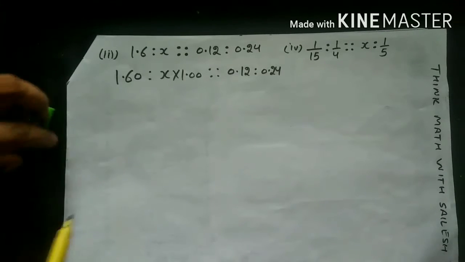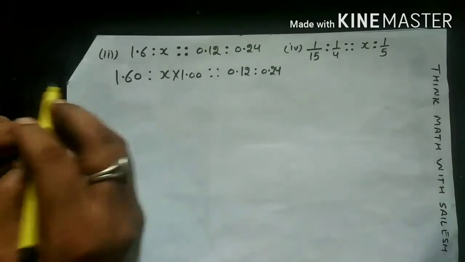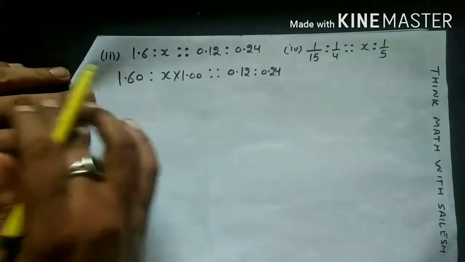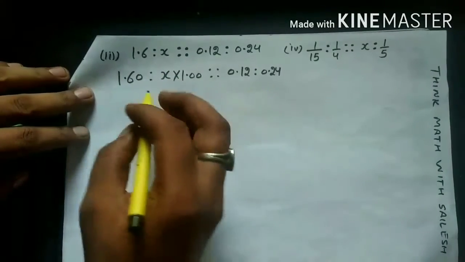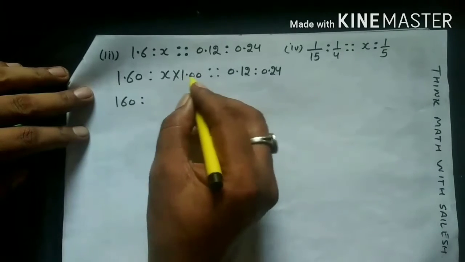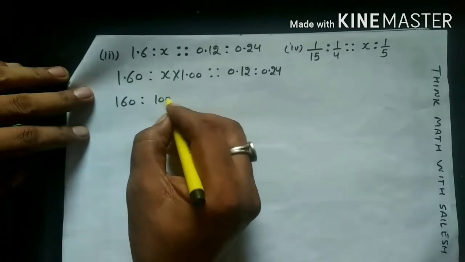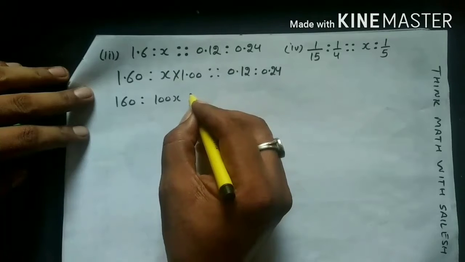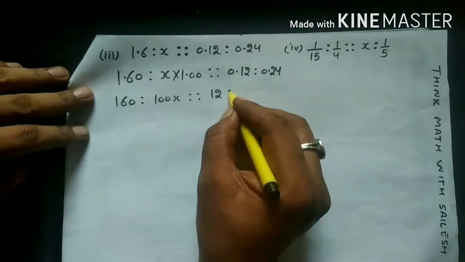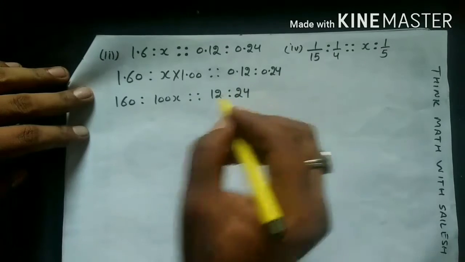In the next step we may skip all the decimals because the four terms are in like fraction. 160 ratio 100x, this is 12, this is 24.